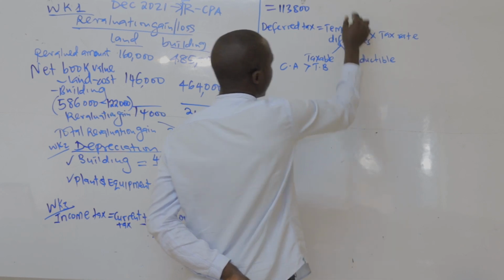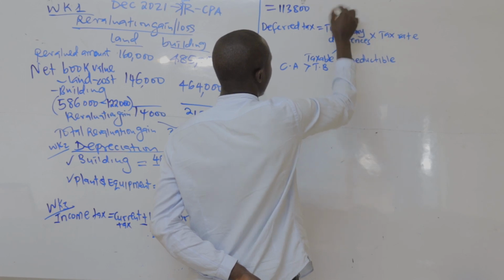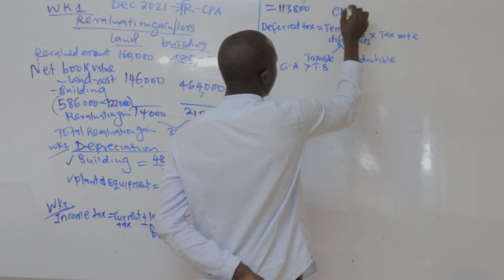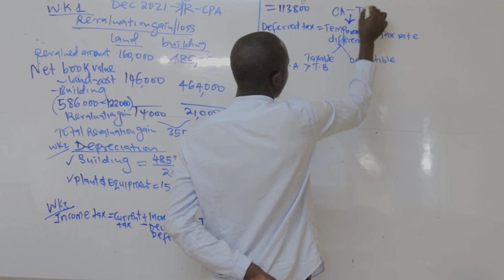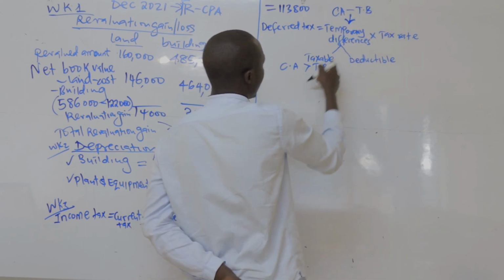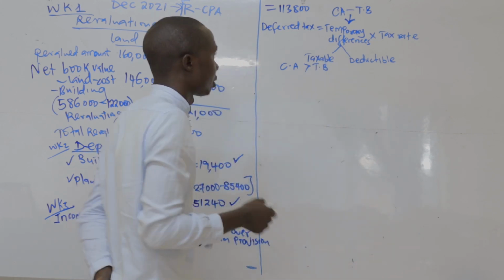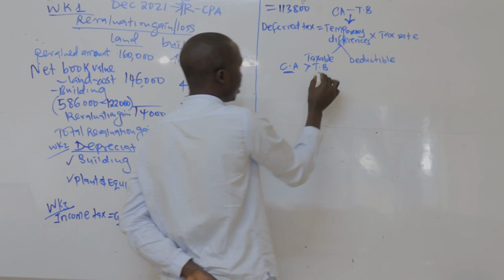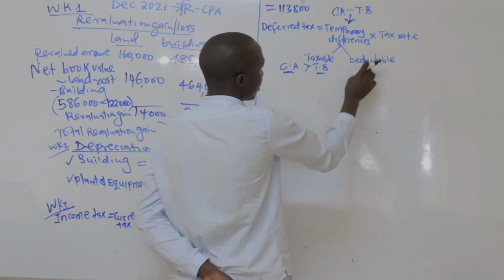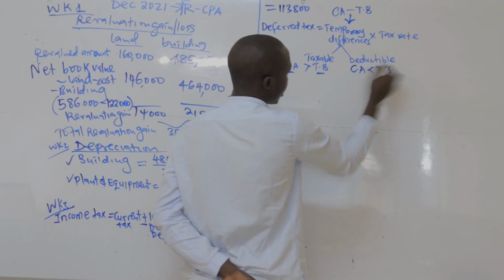Temporary difference itself is the carrying amount minus the tax base. The taxable one is where the carrying amount is greater than the tax base. The deductible one is where the carrying amount is less than the tax base.